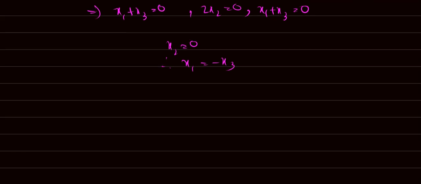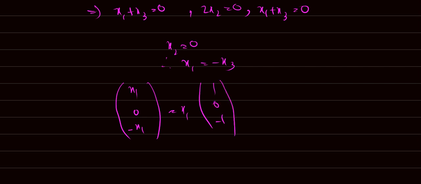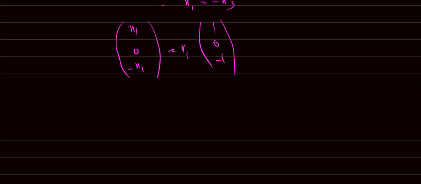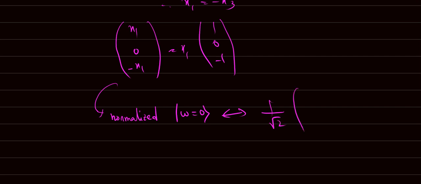So any vector in the form of x1, 0, minus x1 is an eigenvector. If we normalize it, we just have to divide it by its magnitude. We find the eigenvector corresponding to the eigenvalue 0 is 1 by root 2 times 1 0 minus 1. So this is our one eigenvector.